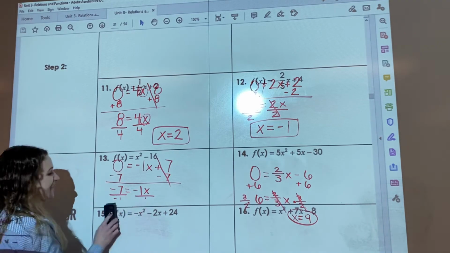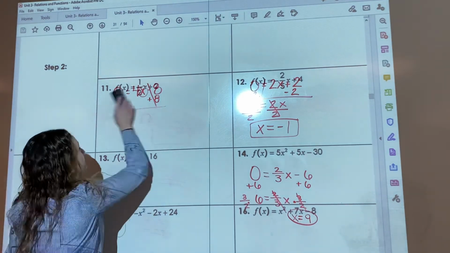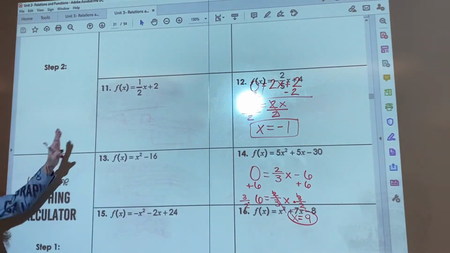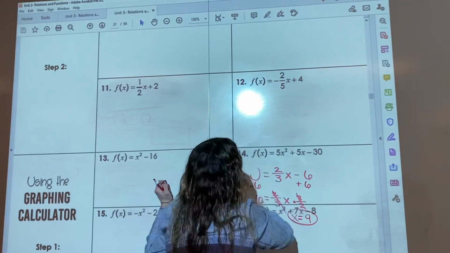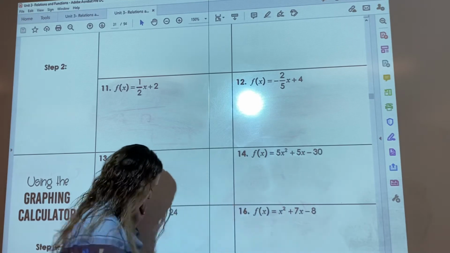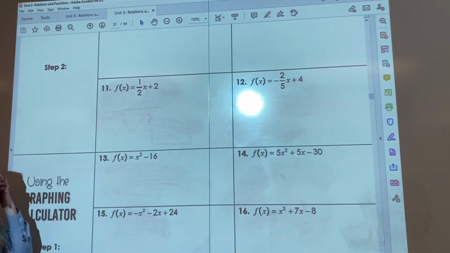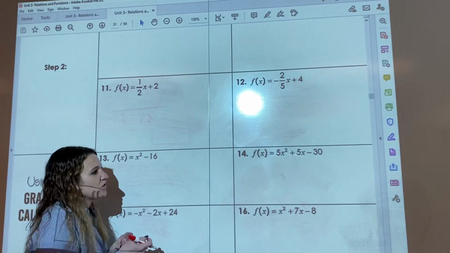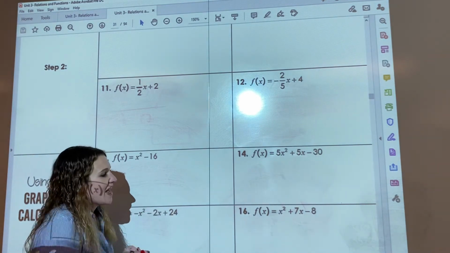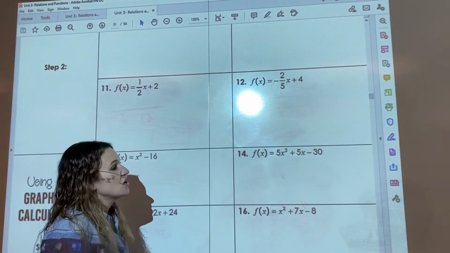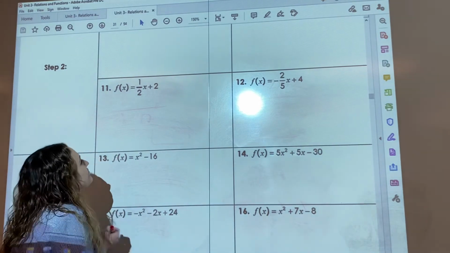Neither do we need them in Algebra 2, really. So we're just going to cover 11 and 12. Once you get to Algebra 2, you will be working with parabolas and you will be working with zeros of a function and you will be working with graphing calculators, so you'll be able to do this.